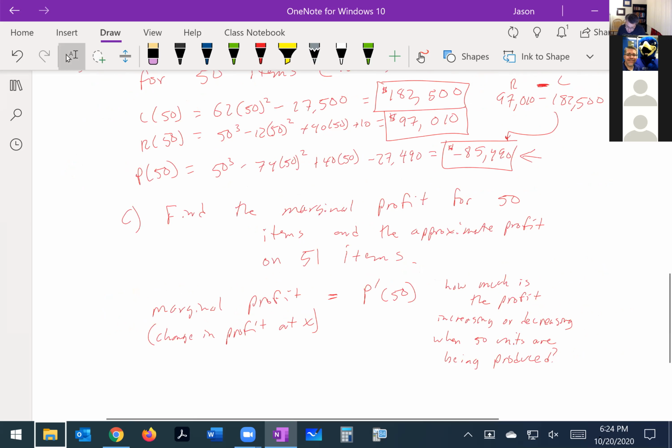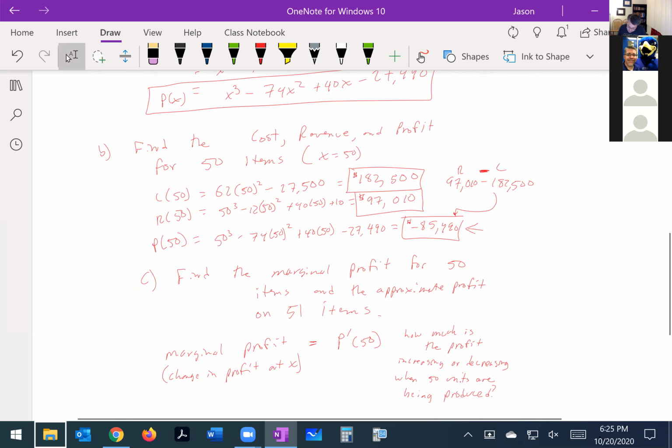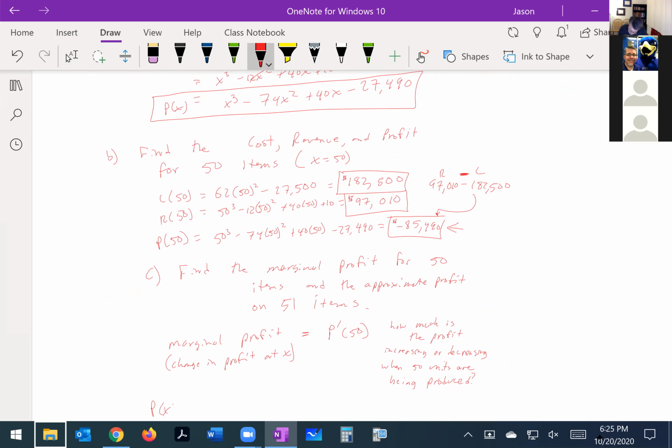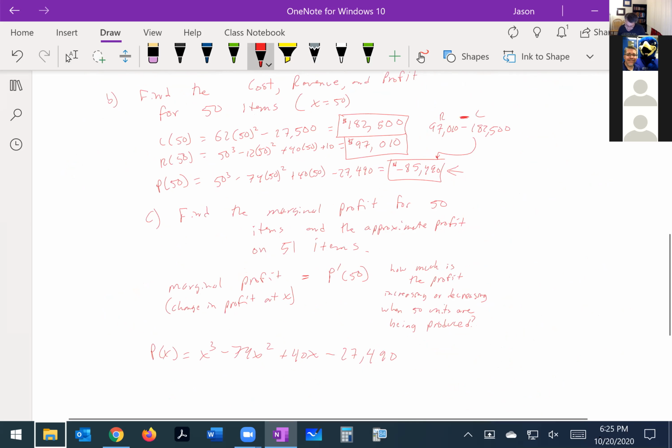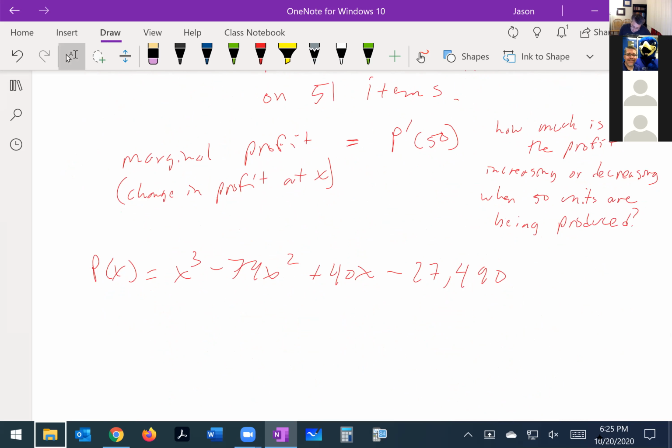So let's go back and see, what was P of X? P of X is X cubed minus 74X squared plus 40X minus 27,490. And so what's P prime of X?